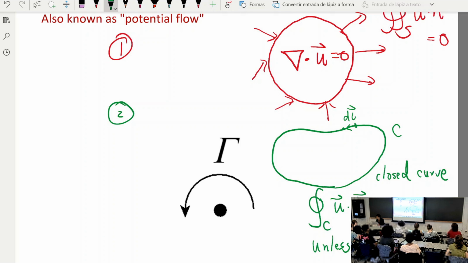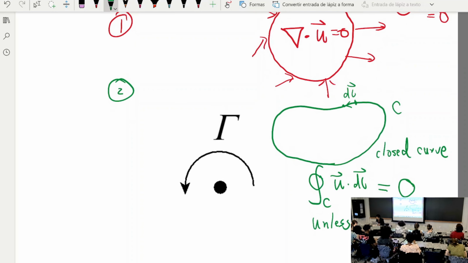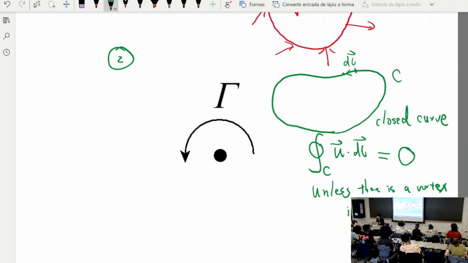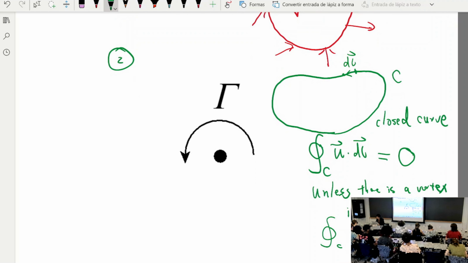there is a vortex inside, when this integral is equal to the circulation of this vortex. Then this integral is equal to the circulation of that vortex. Okay, so we're going to explain where that comes from.